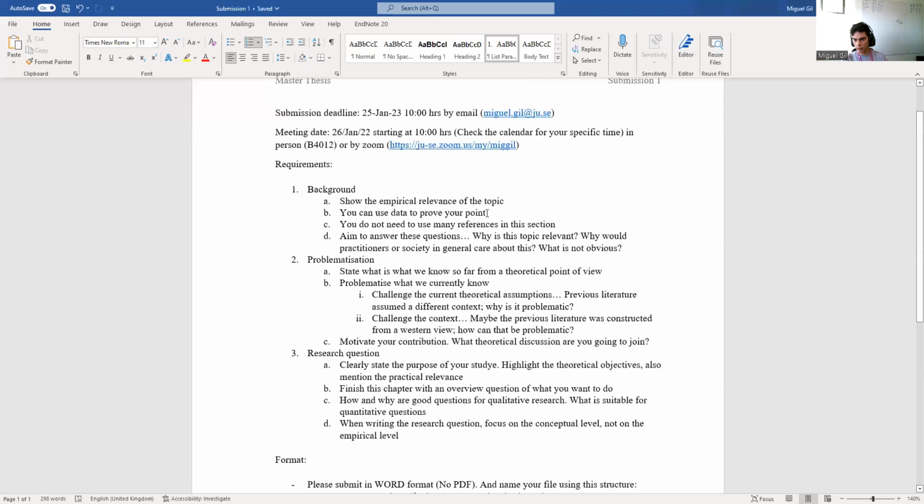Then also in here, show that you can use data to explore that issue, because sometimes the background is impossible to research. So I think in the background, you also need to show that you can do it, what can be achievable, or what can be studied.